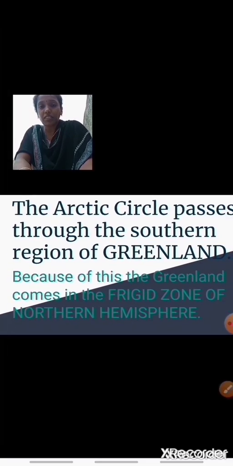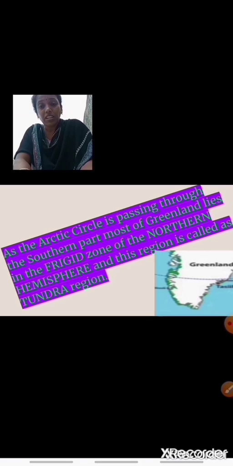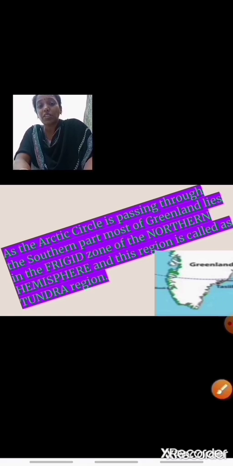The Arctic Circle passes through the southern region of Greenland. Because of this, Greenland comes in the frigid zone of the northern hemisphere, and this region is called the tundra region.